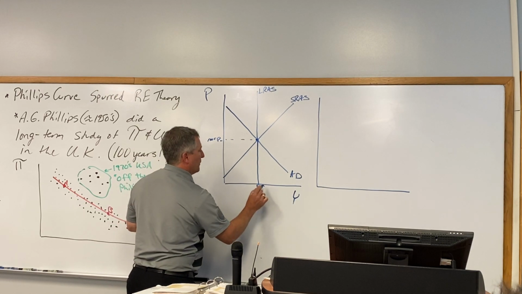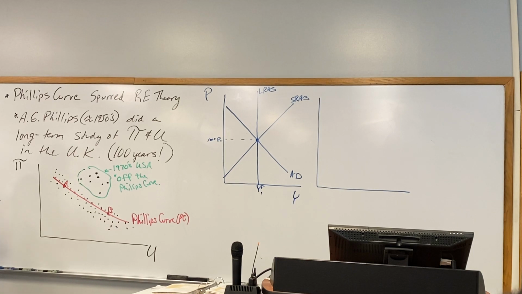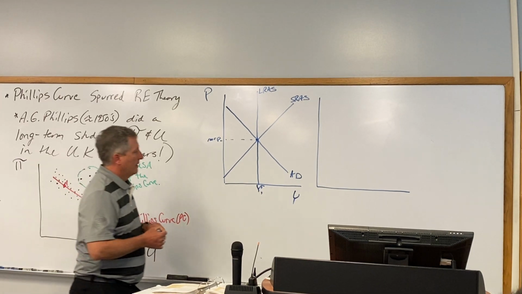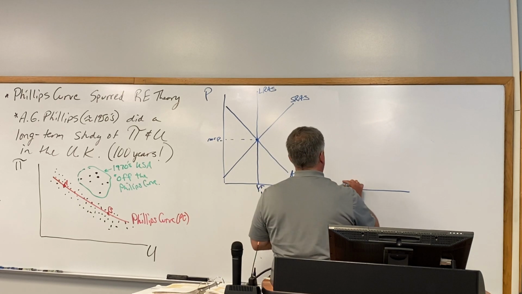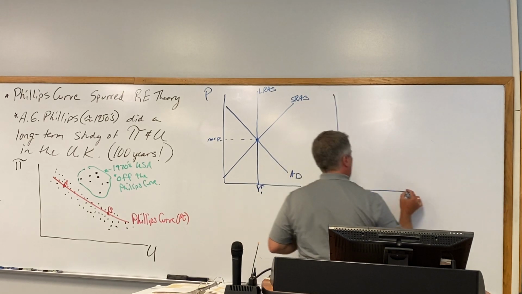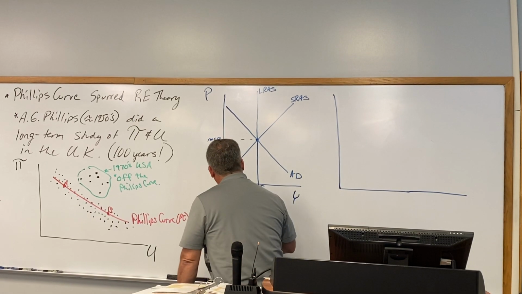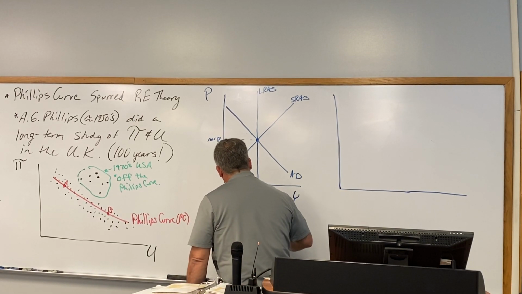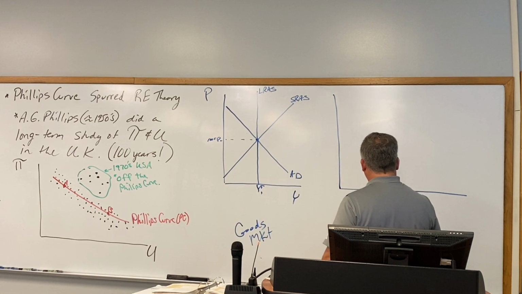And of course, we're at the full employment level of output. And off to the left, this is the goods market, like we've been doing. And now we're going to have the Phillips curve.